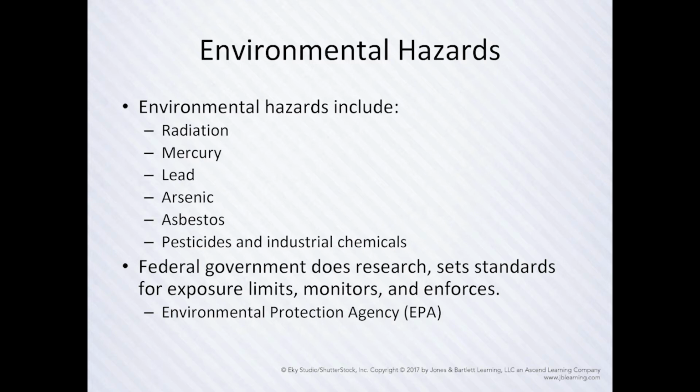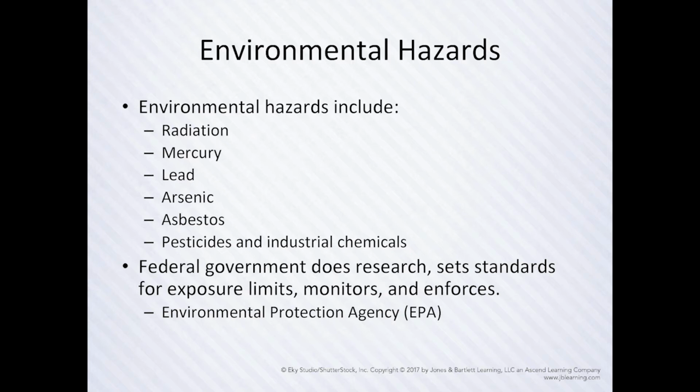Mercury's been around for a long time. We've known about mercury and the hazards of mercury for a long time. It's an interesting material in that it is a liquid metal and it evaporates, so it creates a mercury vapor hazard for inhalation. Lead, arsenic, asbestos, pesticides, industrial chemicals.